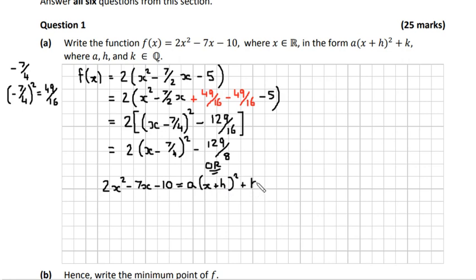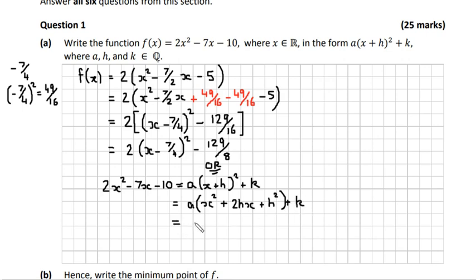So what I'm going to do here, I'm going to multiply all this out. Now when you square x plus h, you're going to get, square the first, multiply these together and double it, so you're going to get 2hx, and then square the last, so square h, you're going to get h squared. And I've still got a plus k there at the end.